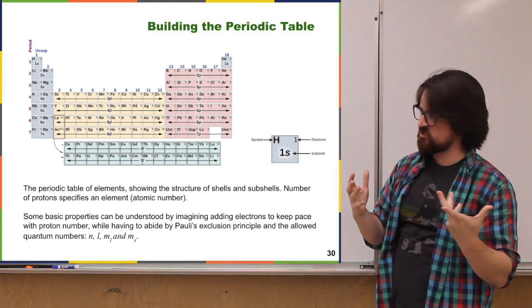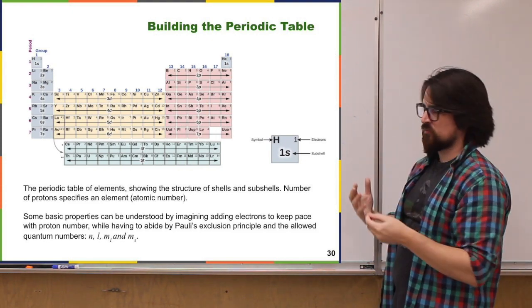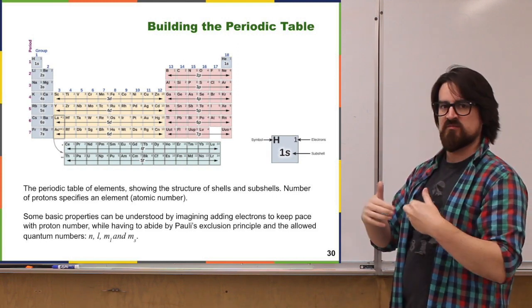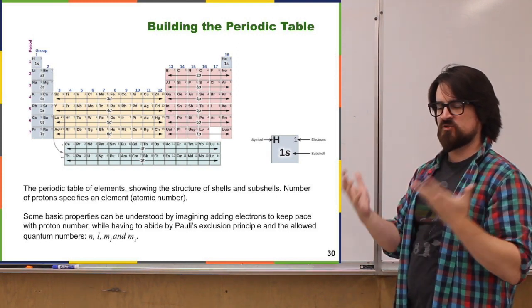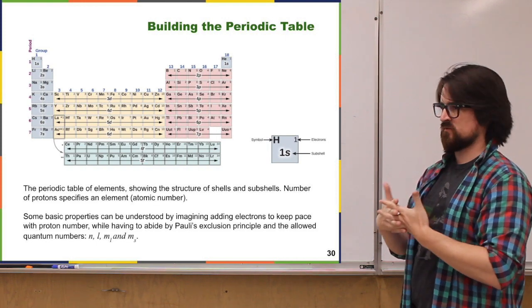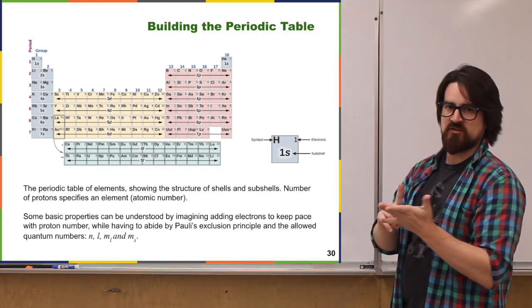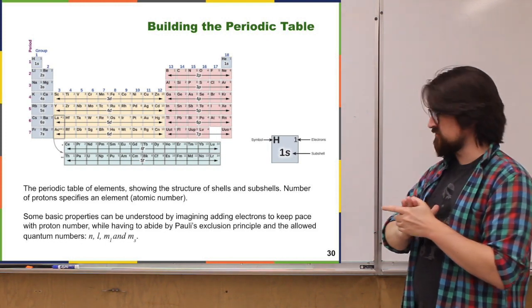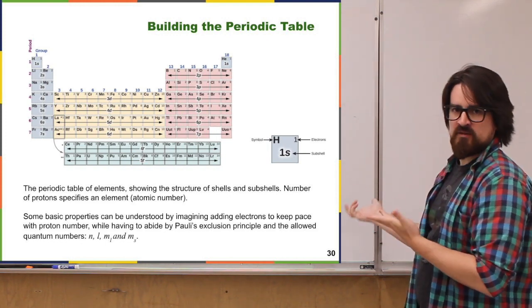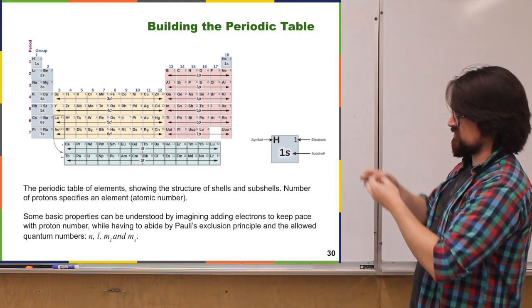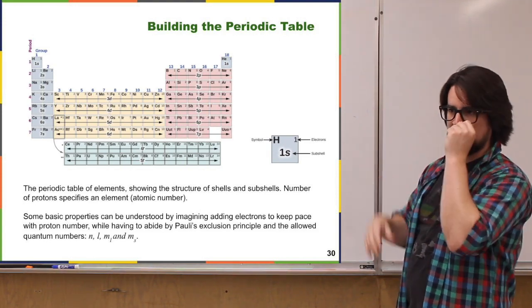And this is how we can get an understanding of the chemical properties of atoms based on our analysis of Schrodinger's equation and the results of the solution to Schrodinger's equation for that Coulomb potential, and the fact that those results were all indexed by these different values. And that, along with Pauli's exclusion principle, allows us to imagine how we build up this periodic table.